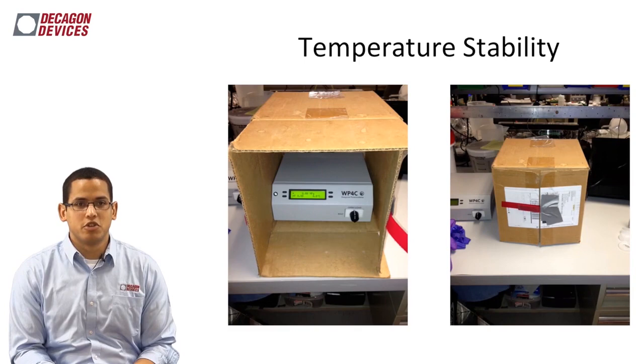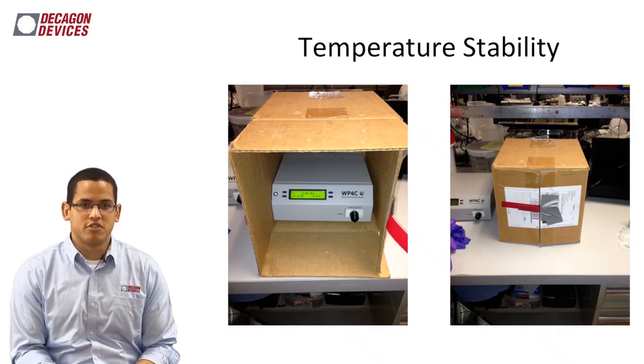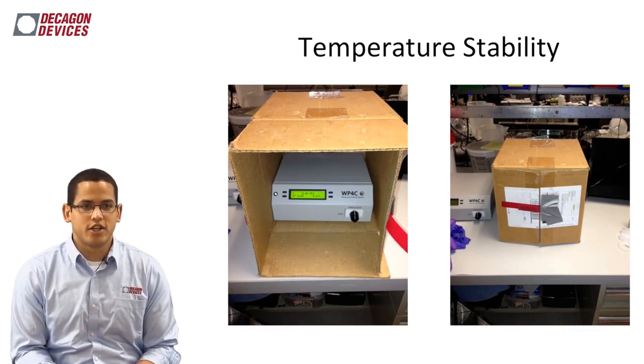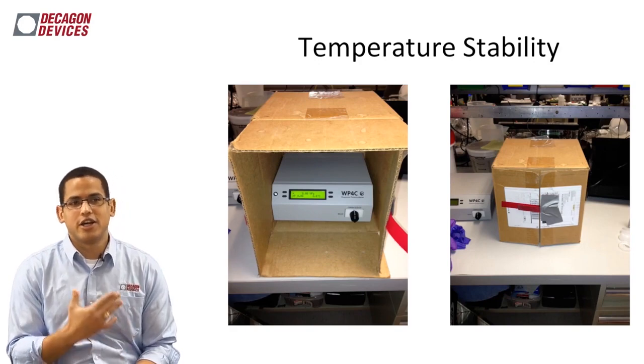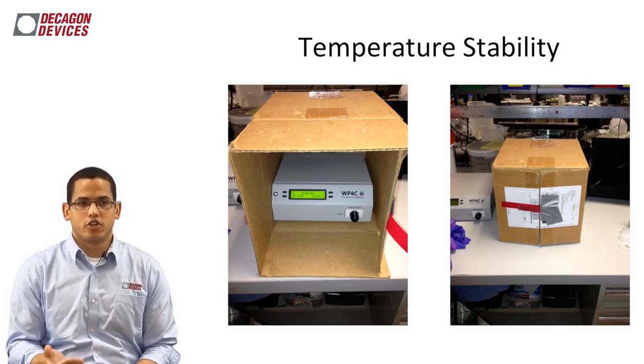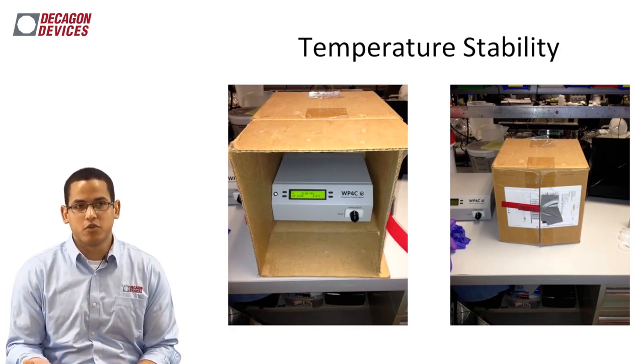You can see an example of what we've used in the lab. It's just a simple cardboard box where we have a piece of Velcro that allows us to open and close the box back up. This is a great way to help create more stable conditions around the WP4C and allow you to push further up into the wet end with the instrument.